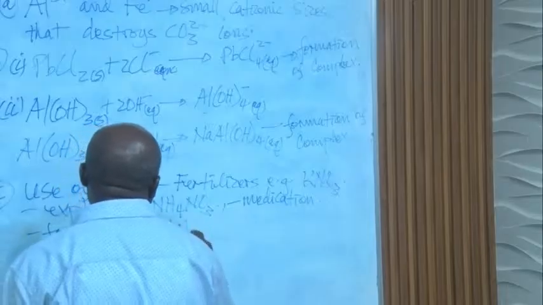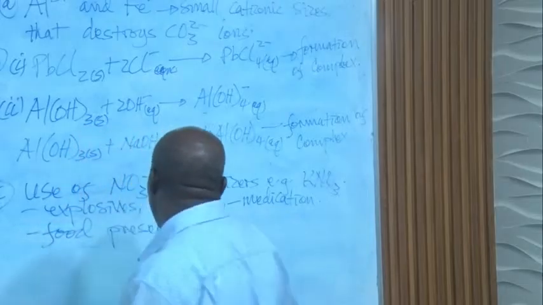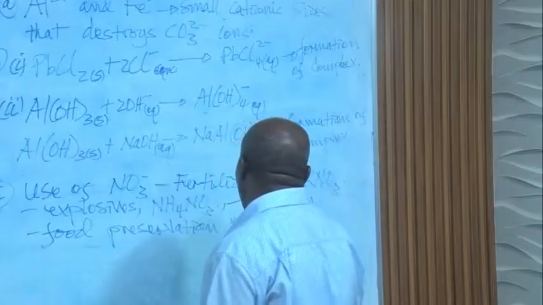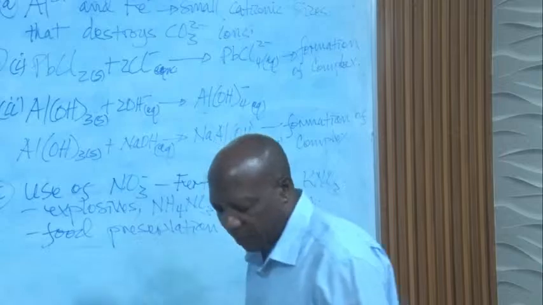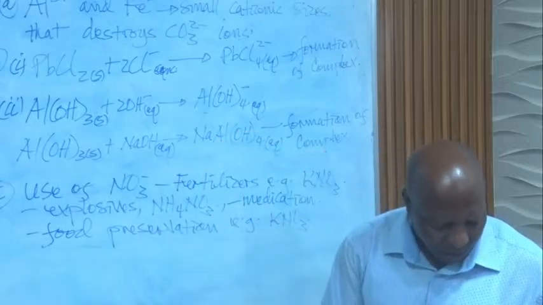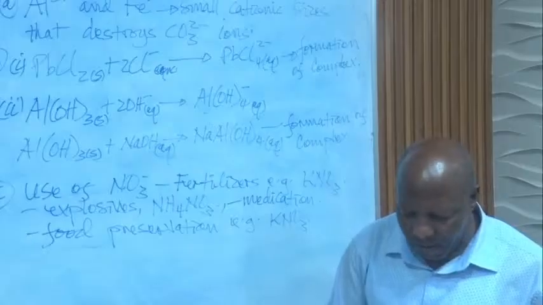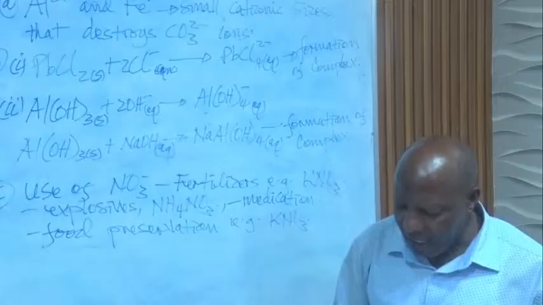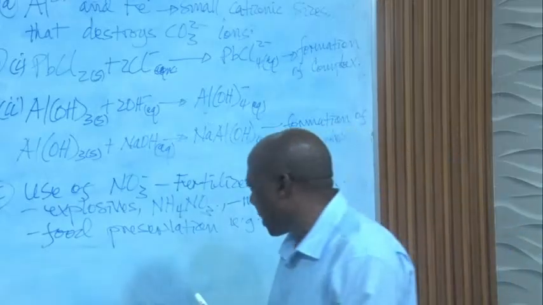For example, potassium nitrate can be used as a food preservative, to make the food substance stay for a long time, and it can also be used as a rocket propellant and in fireworks.